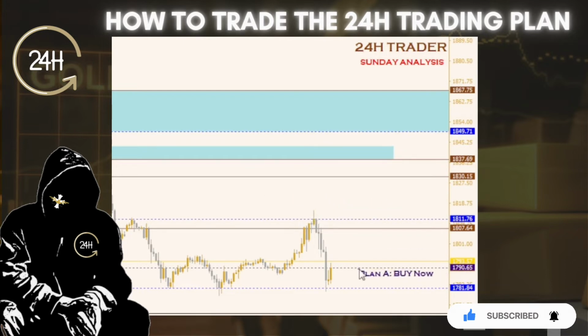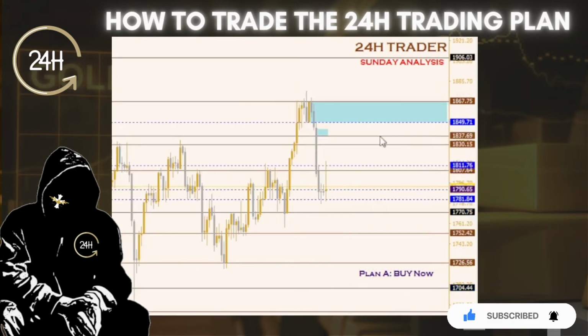Plan A is to buy now. Based on this analysis, plan A is to buy now when the market opens.